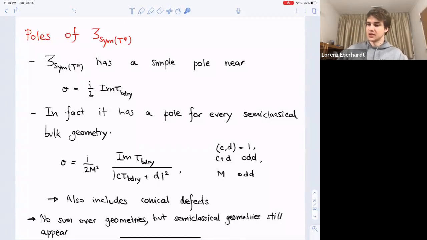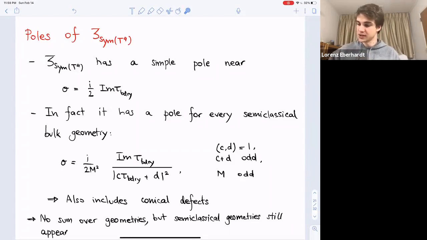In some way, you can view this pole as being associated to thermal AdS. The approximation that the partition function goes roughly like q to the minus n/2 comes from thermal AdS, the usual gravity computation that we would do for thermal AdS. In fact, it turns out that there's a pole for every semiclassical bulk geometry, whenever sigma takes this form, there's a pole in the partition function.